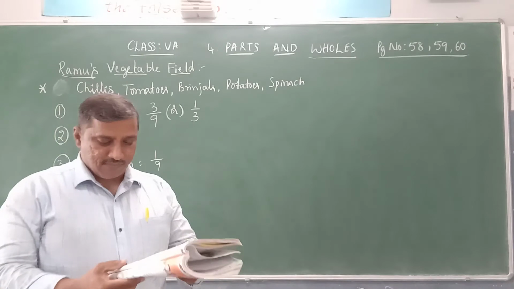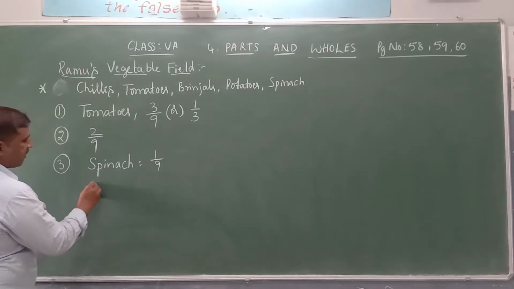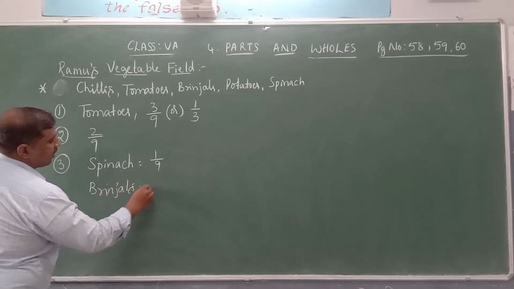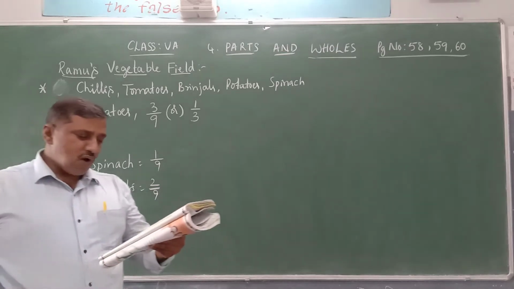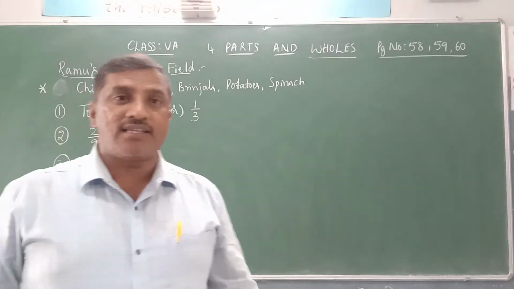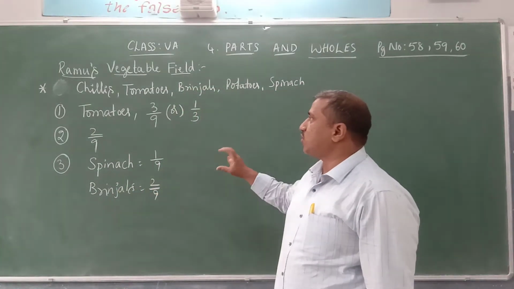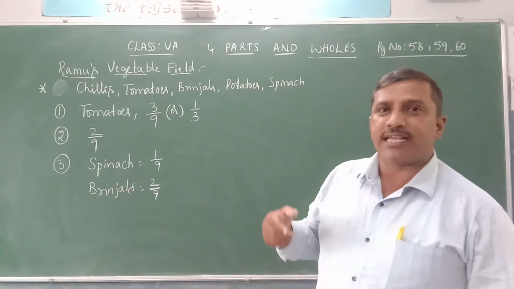Which part is used for brinjals? He is using 2 parts for brinjals. Therefore, brinjal is 2 by 9. Now, the next question. Now you write some questions by looking at this picture. You can write your own questions. Which two vegetables are growing in the same quantity, the same part?